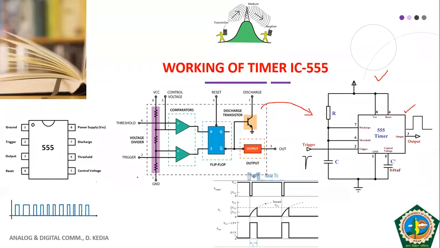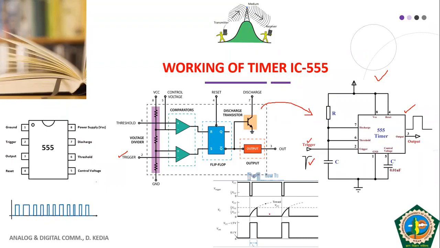I told you that we have trigger pulses which are applied to terminal number 2. So you can see we are applying trigger pulses to 2, and the trigger pulses applied to terminal number 2 will be negative trigger pulses.